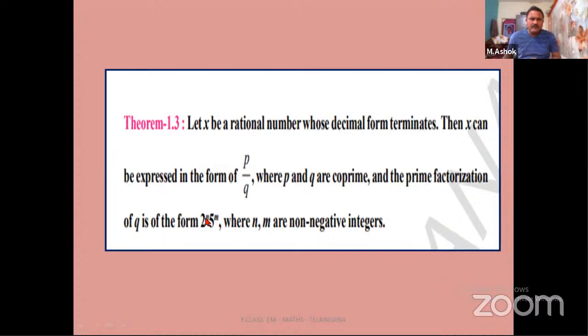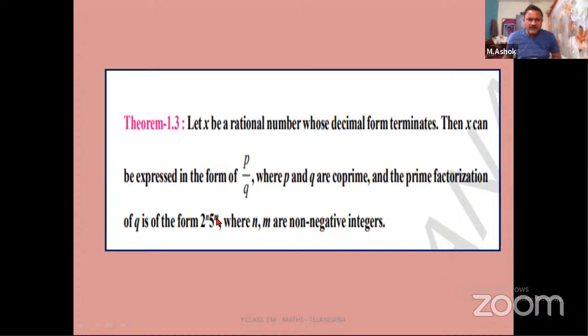Here m and n are non-negative integers. After observing all the 4 examples of terminating decimals, a terminating decimal can be expressed in the form of p by q, where the prime factorization of the denominator q is of the form 2 to the power of n into 5 to the power of m.